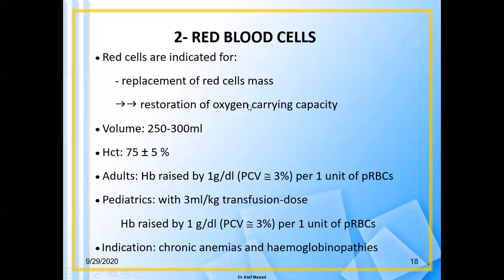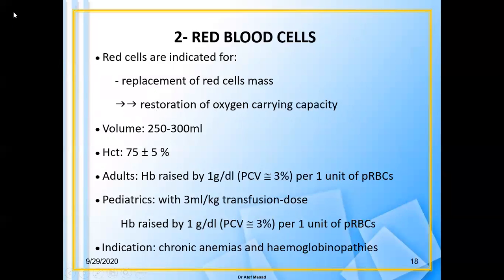When the patient needs to replace red blood cell mass, we are talking about concentrated red blood cells. So we have to remove the plasma and all its components and constituents, and concentrate the blood unit to have 250 to 300 ml of concentrated RBCs.